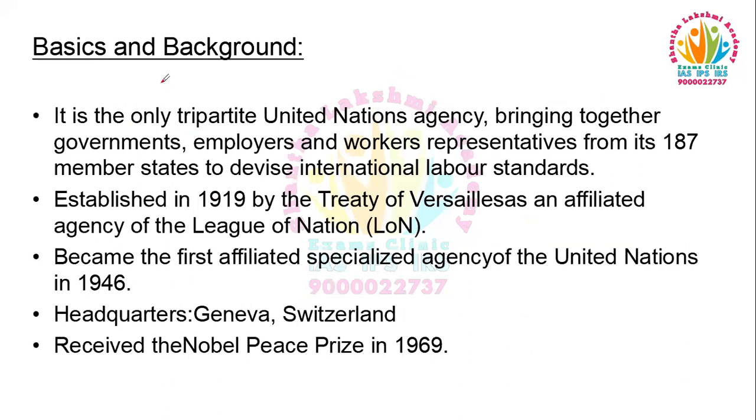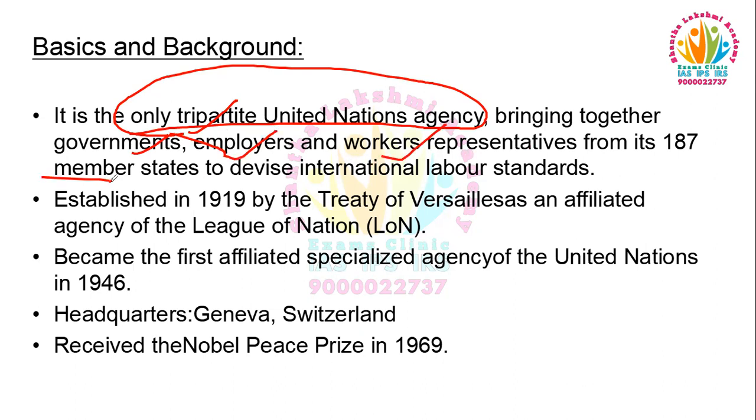Coming to the background and some basics about the International Labour Organization, it is the only tripartite United Nations agency. It is tripartite because it brings together governments, employers, and workers' representatives from its 187 member states to devise international labour standards.